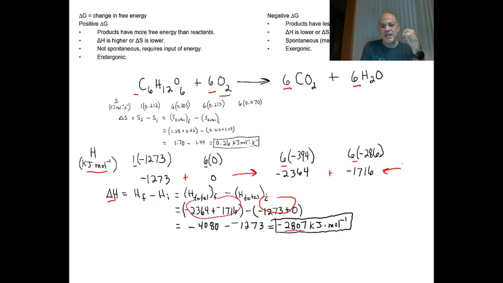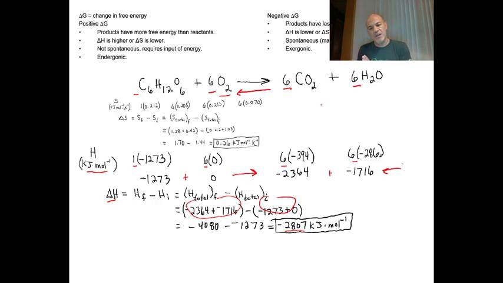And in fact, if I were to do the reverse reaction here, I would get the same value, but it would be a positive number, okay? Because the bonds overall, combined with everything there, would have more energy in them than they did before we started. So whenever you reverse the reaction, you get the same value but the opposite sign.